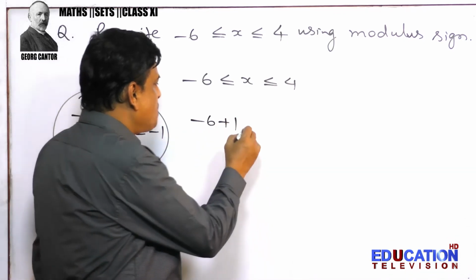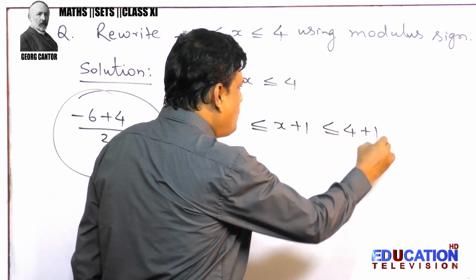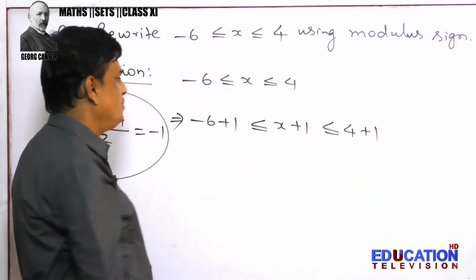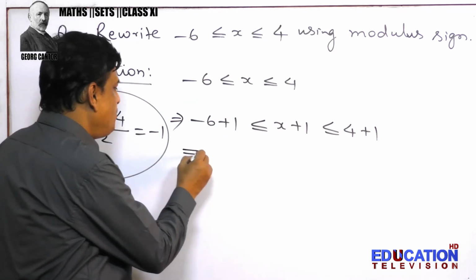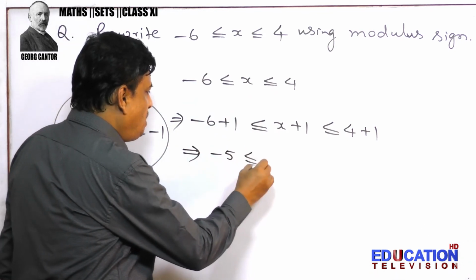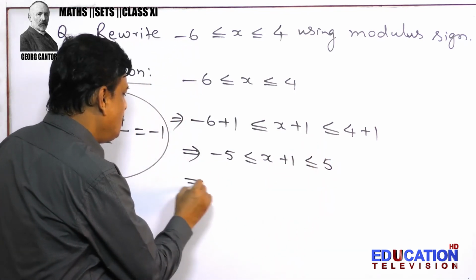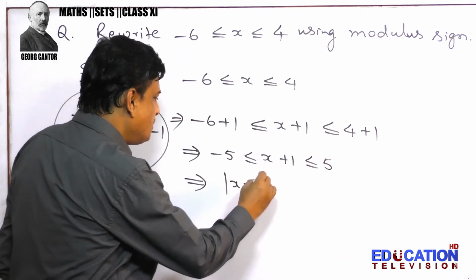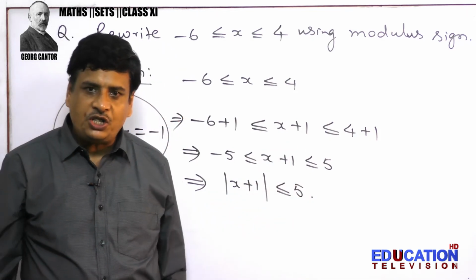So, minus 6 plus 1, x plus 1, 4 plus 1. 1 is added to each term. So, minus 5 is less or equal to x plus 1 less or equal to plus 5. Modulus x plus 1 is less or equal to 5.